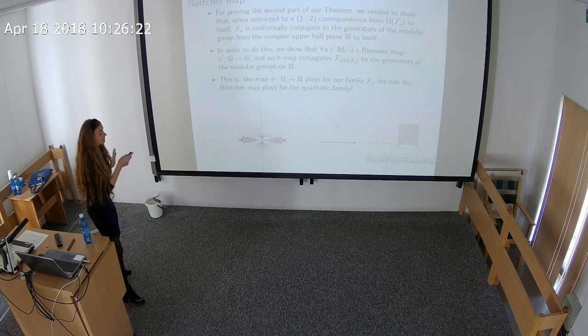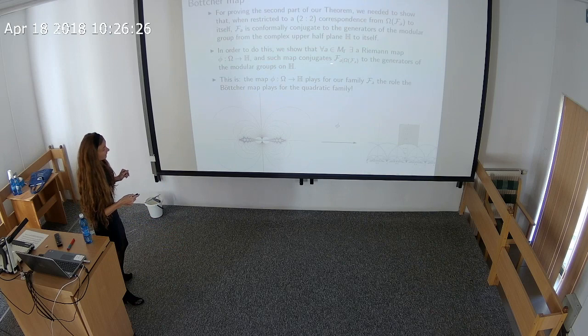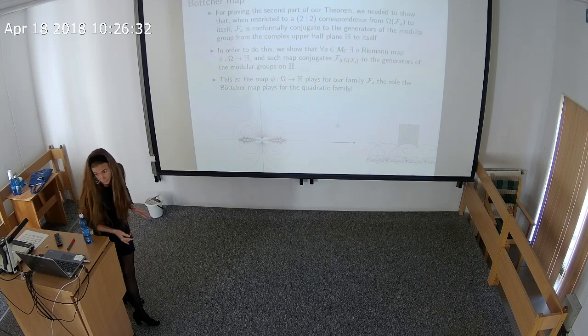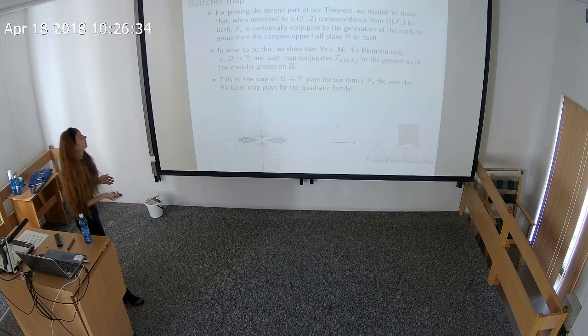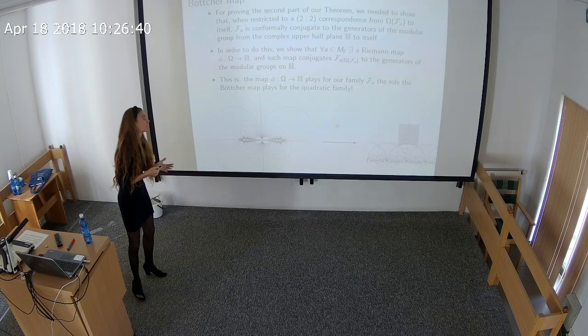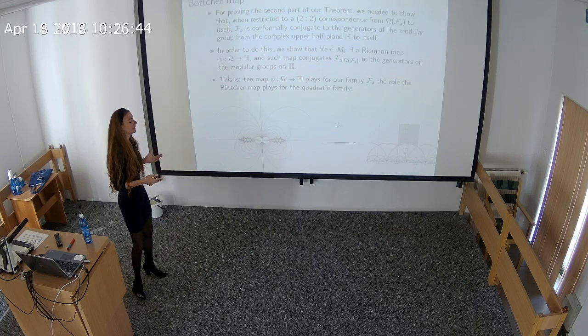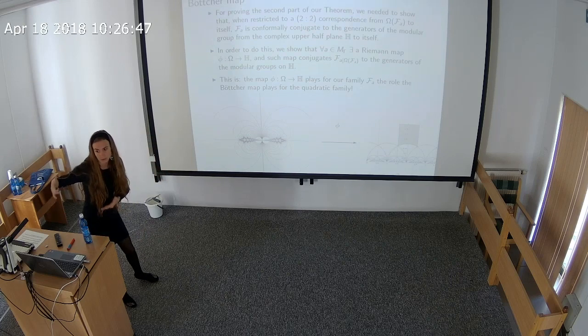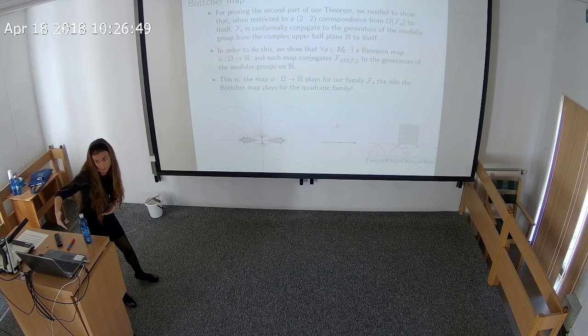But that such a Riemann map conjugates your correspondence restricted here to the generator of the modular group on the upper half plane is definitely not trivial. But the cool part is that our Riemann map plays the same role for this family that the Böttcher map does for quadratic polynomials.